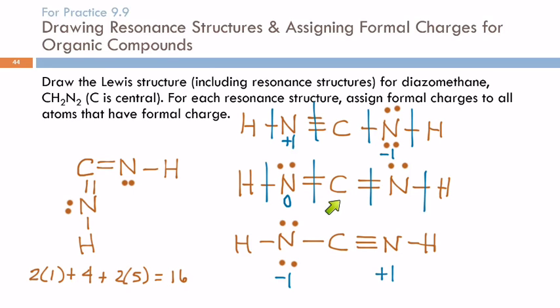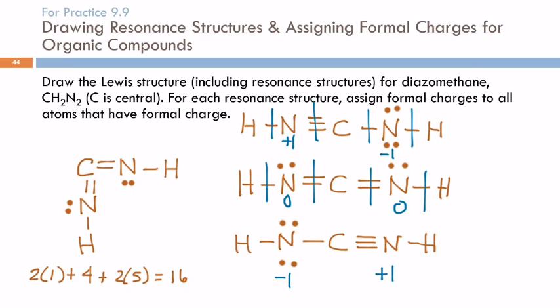It has 4 valence electrons. It would get 4 in the breakup. It comes out neutral. This nitrogen, also 0. So which is the most stable? The one in the middle. And yeah, I'll just stop there.